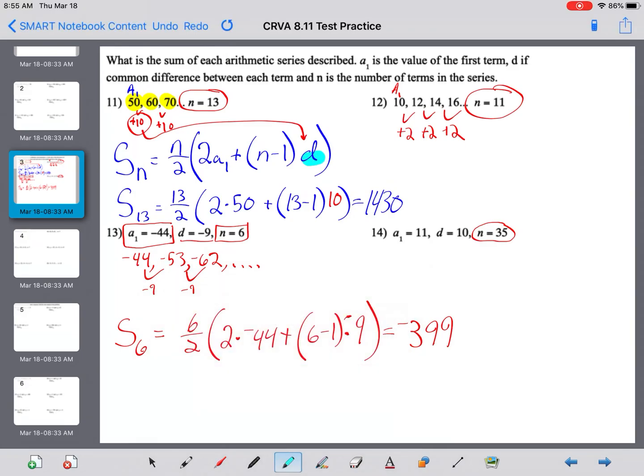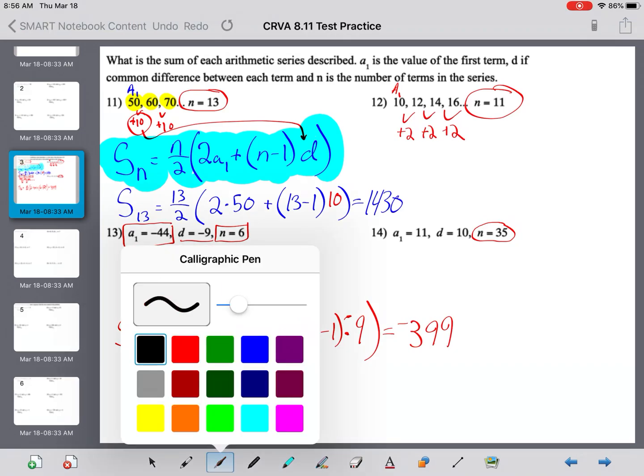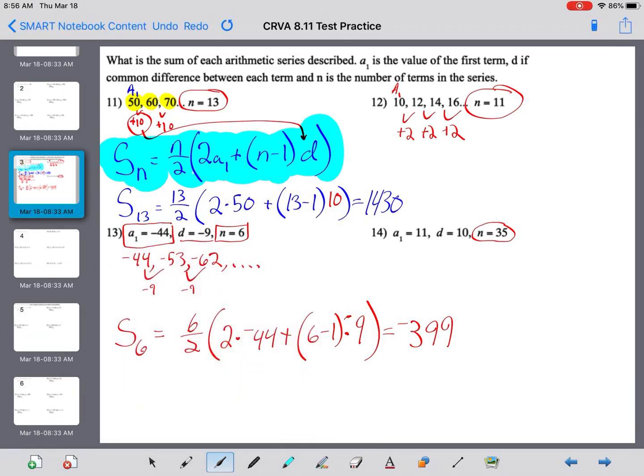Again, I would write this formula down, folks. If you don't know what the letters mean, jot that down with your formula as well. This is the sum of the sequence, the series, sum of series.